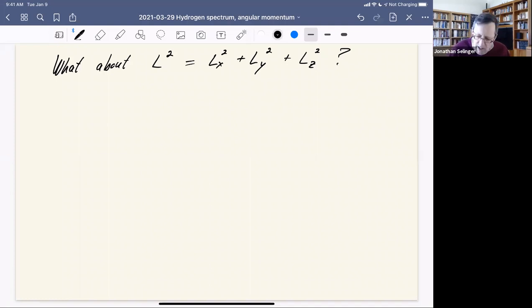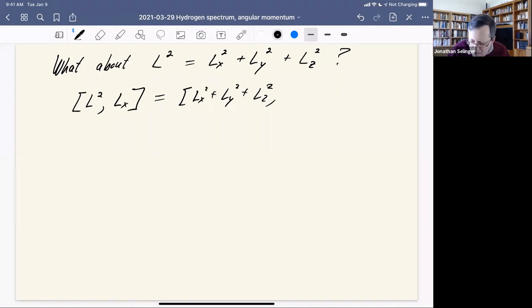So let's do the commutator of L squared with Lx, for example. This is the commutator of Lx squared plus Ly squared plus Lz squared with Lx.